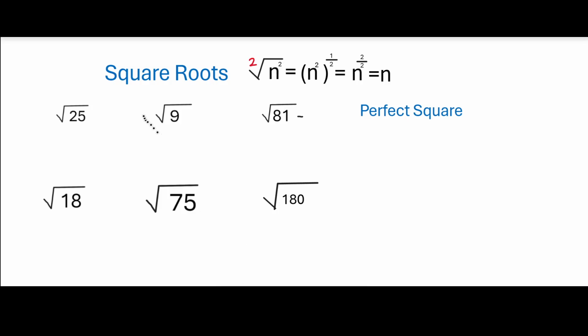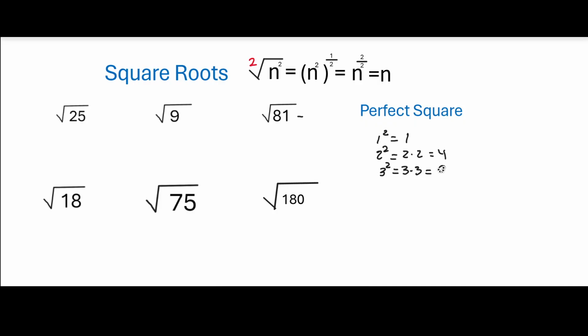Now, numbers that should be to the second power, those are numbers that we call perfect squares. And the list is huge. It doesn't end. For example, 1 squared, that should be 1 times 1. The answer should be 1. 2 squared, that should be 2 times 2. The answer is 4. 3 squared should be 3 times 3.